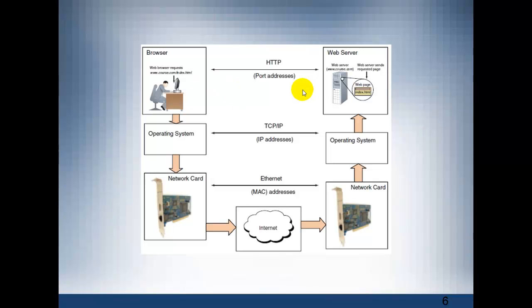And then our third level down here is our application level. Most applications used on the internet or a local network are client-server applications. Client applications such as IE, Google Chrome, or Outlook all communicate with server applications such as a web server or an email server.